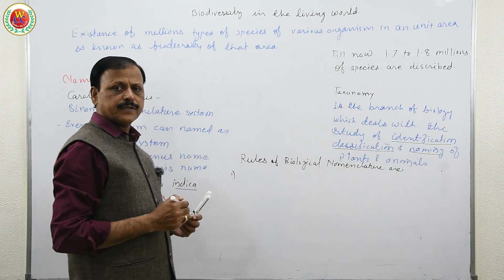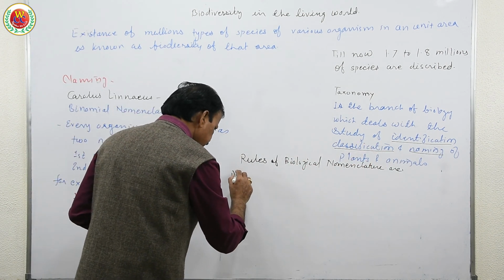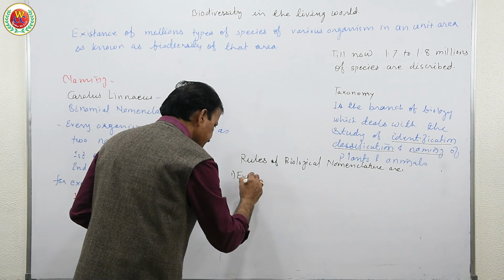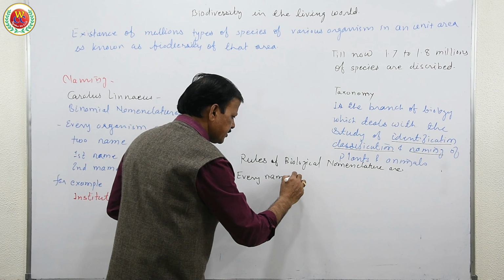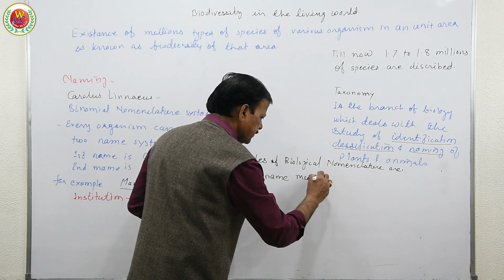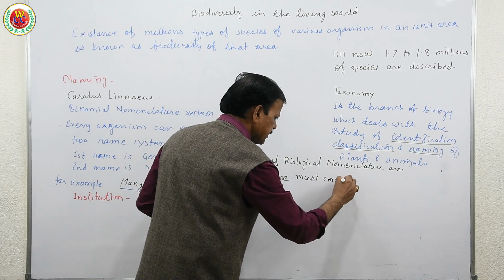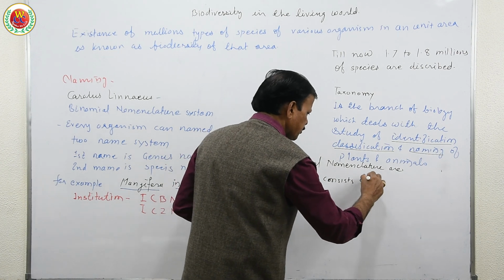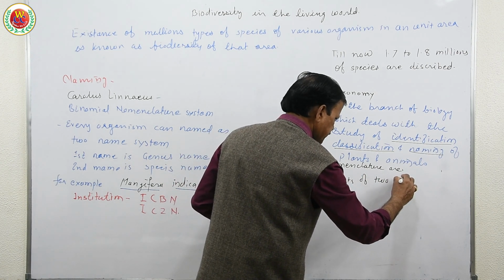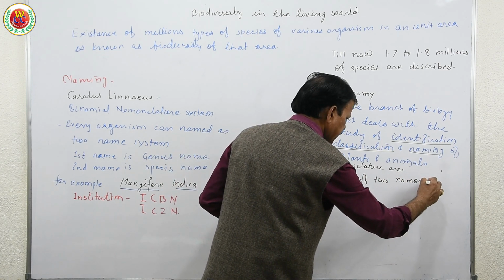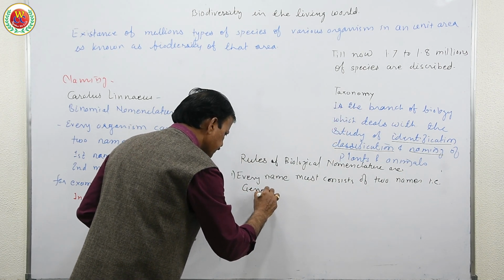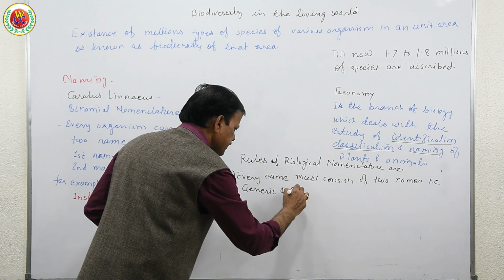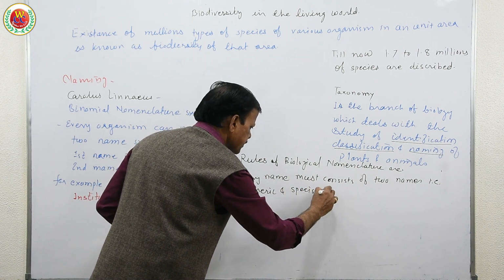One, every name must consist of two names: the generic name and the species name. This is the first rule.